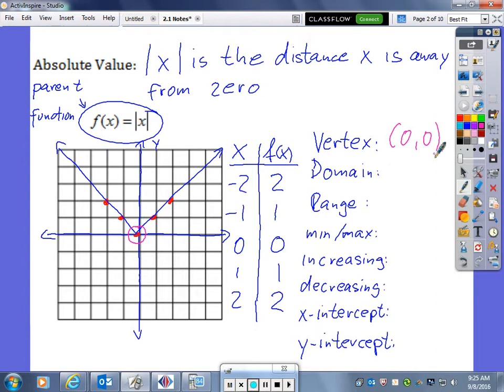If we look at our domain, we go from -infinity to +infinity as indicated by our arrows. So I'm going to use set notation to write down the domain. Open braces x such that x is an element of the real numbers.